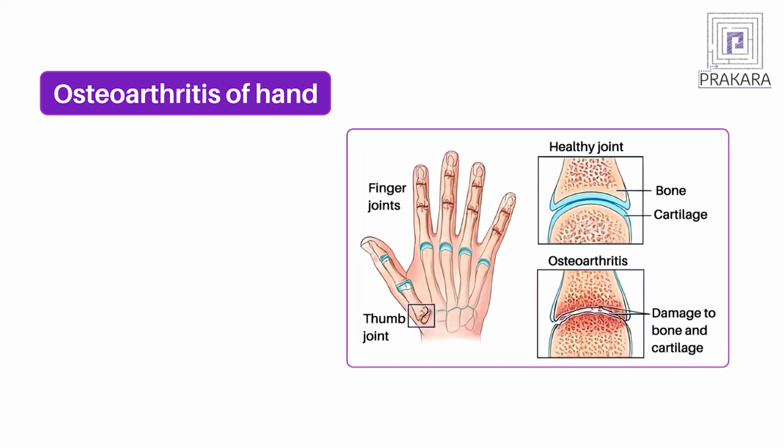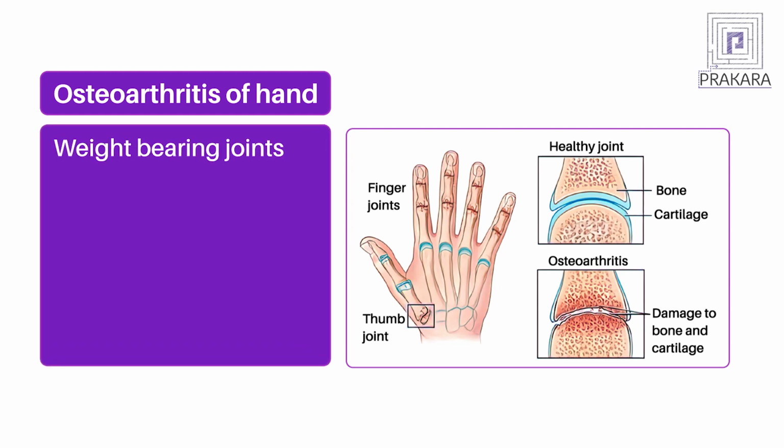Now we'll be going into osteoarthritis of the hand. Usually osteoarthritis is a condition associated with weight bearing joints, but in some conditions some people will have osteoarthritis of the hand. There is a familial predisposition, which might run in some families. What do we find there?